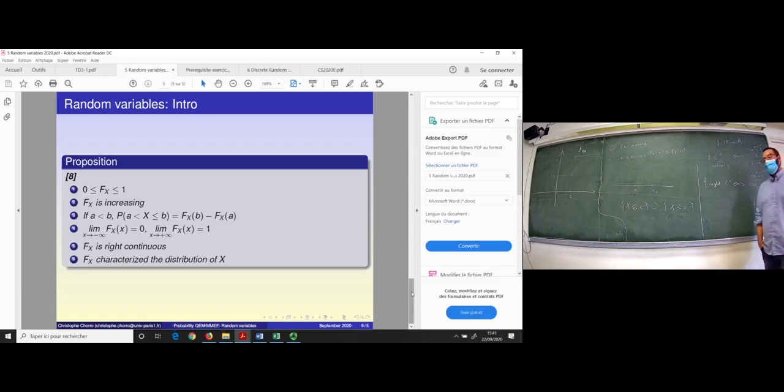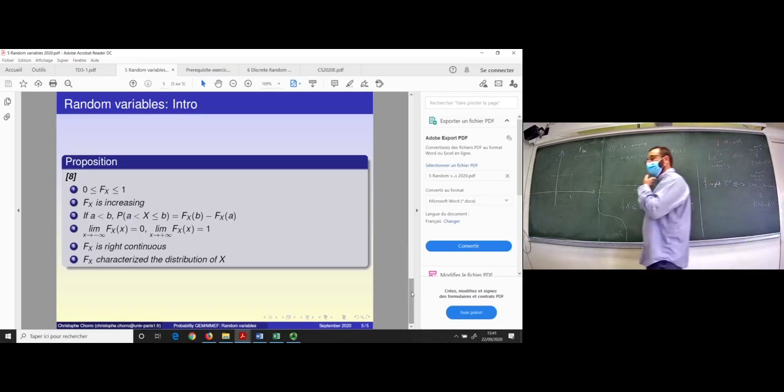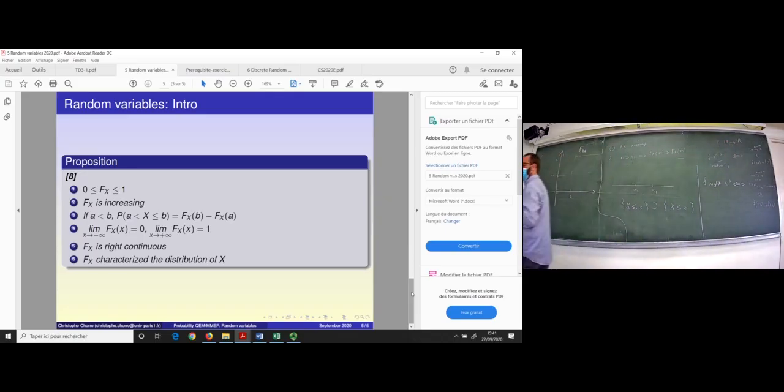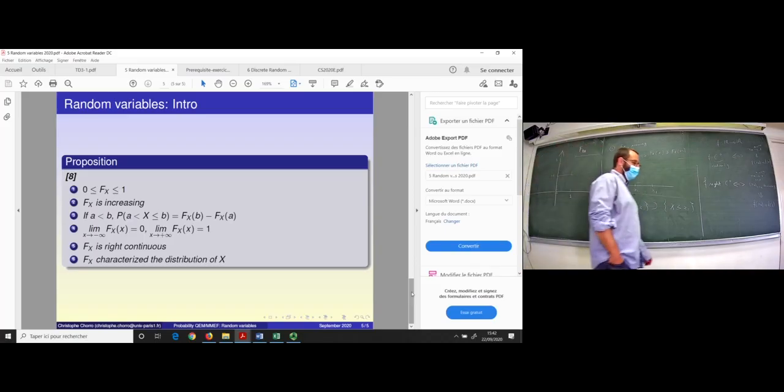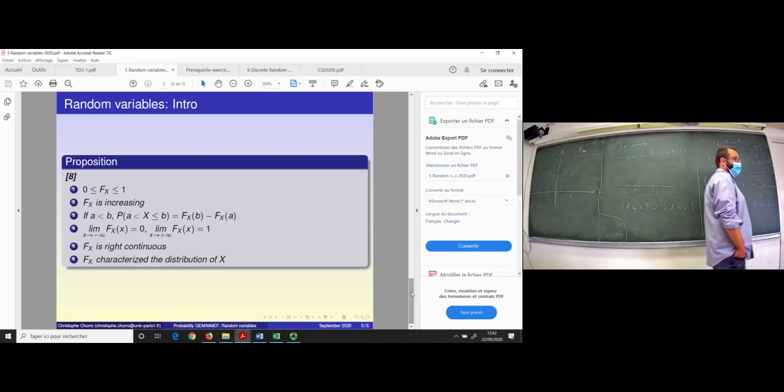I don't enter into too much detail for this one because I will come back to these points in the next session when we are going to work with discrete random variables. But the last point tells you that if you want to characterize the distribution of a random variable, something that we want to be able to do in order to do computations related to it, then knowing exactly its distribution or knowing its distribution function is exactly the same.